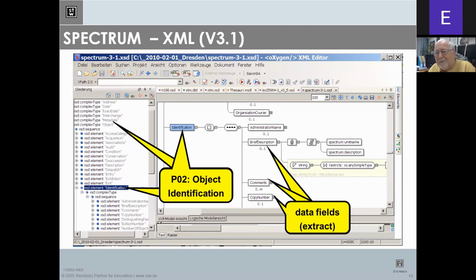Now the second part of my presentation is dedicated to data. As I mentioned before, we have a lot of activities in data structuring. Probably you are aware of XML. It dates back to the CALS initiative. HTML was developed in CALS, which was in military activities in the 70s of the last century.